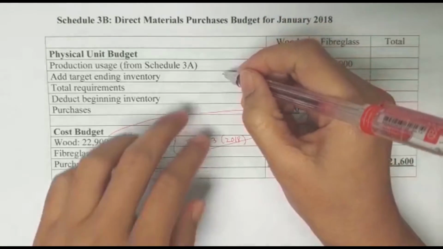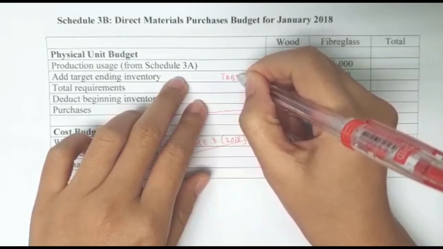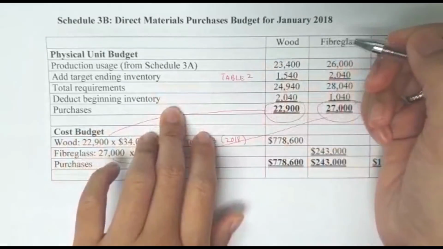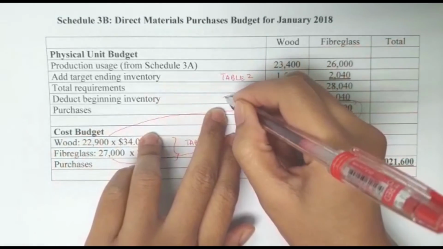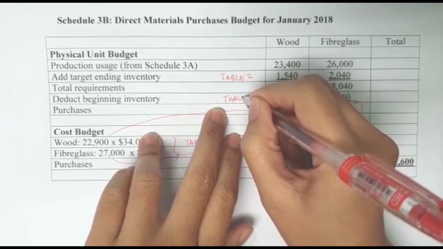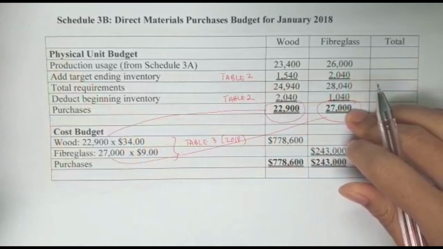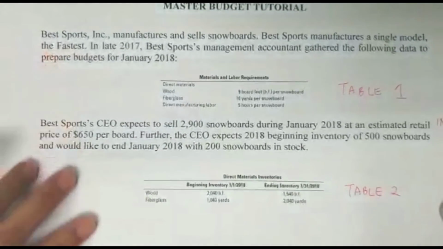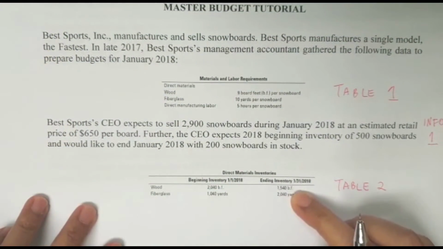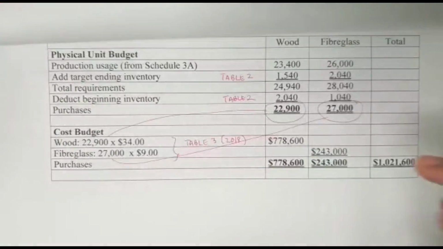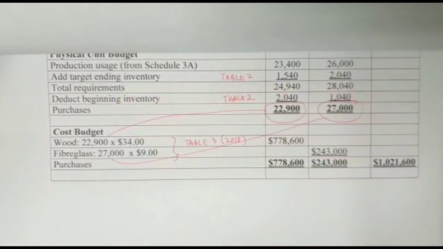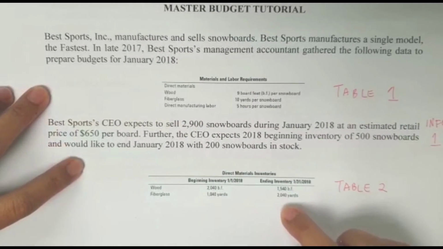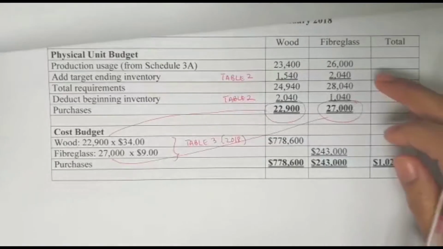All right, so for this target ending inventory and the beginning inventory to deduct, this information we can actually get from table 2. Also the beginning inventory is from table 2. 1540, this is for ending inventory. And for fiberglass 2040 here, and we move it here.